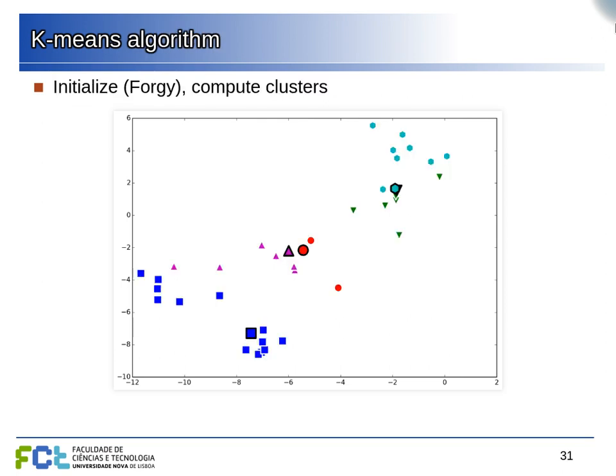We have the data, the initial data. We initialize our centroids. The centroids are independent from the data, so we can move them, and we assign the data points to each cluster depending on the distance to the centroid. So each point will be assigned to the cluster of the closest centroid.